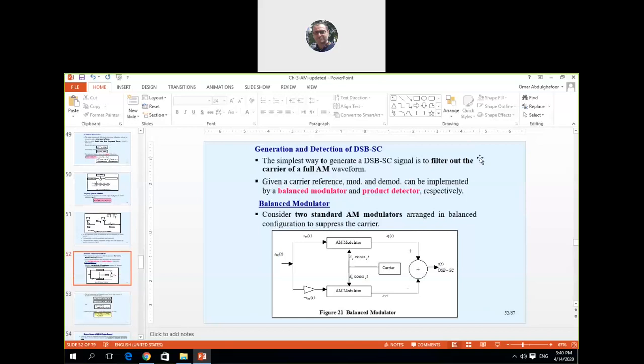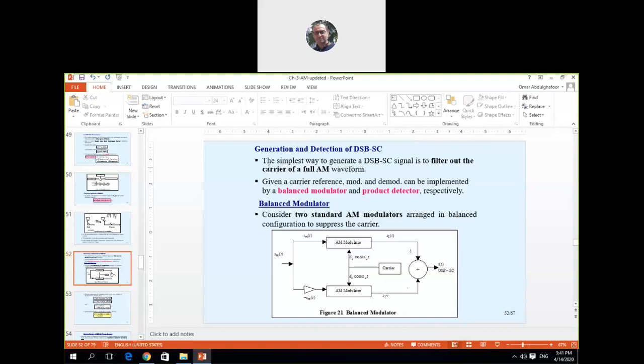Now again, similar to what we did in double sideband large carrier, we have a generator and a detector. We need to generate and also detect. Generating means modulation, and detecting means demodulation: generation at the transmitter and detection at the receiver.